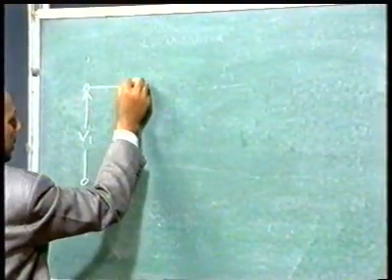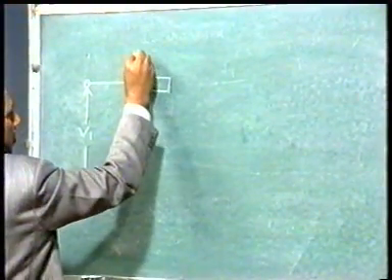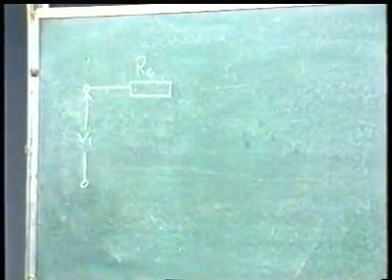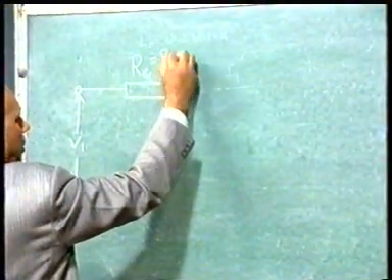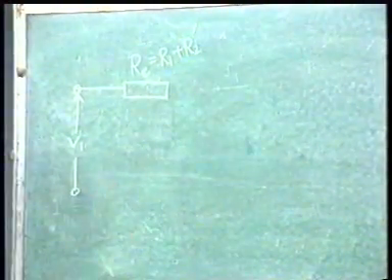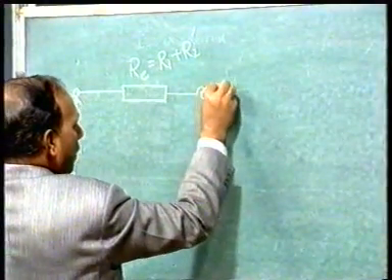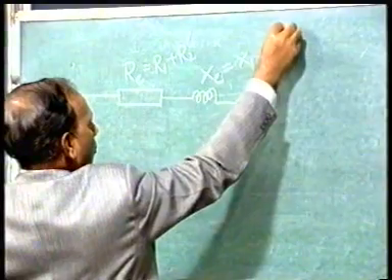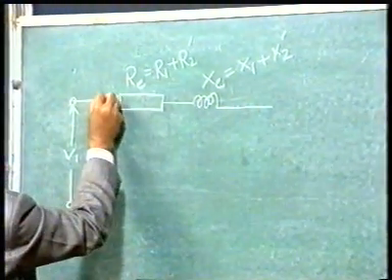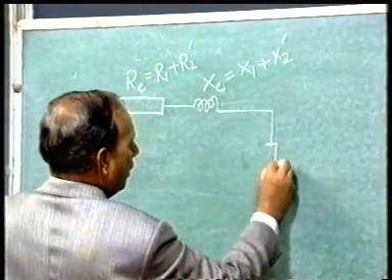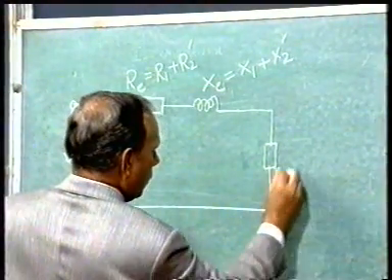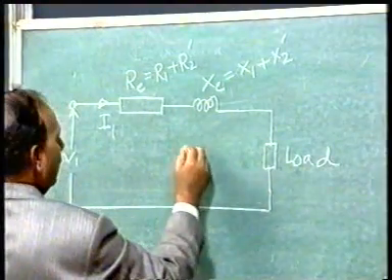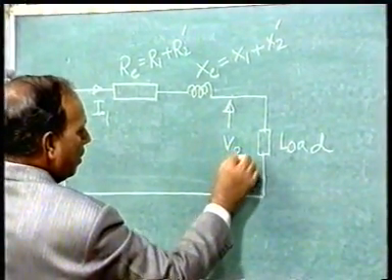So you have the supply voltage V1 here, and you have one resistance only, which is called the equivalent resistance of the transformer, that is R1 plus R2 dash, and one reactance Xe equal to X1 plus X2 dash, and current I1 is flowing, and here you have the load, and this voltage is V2.